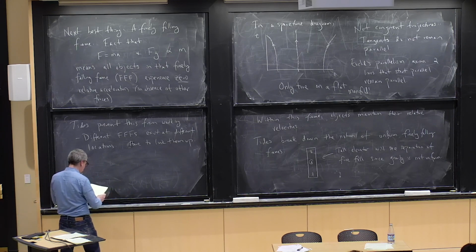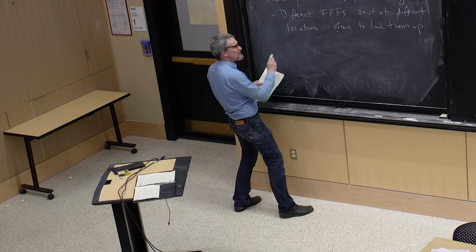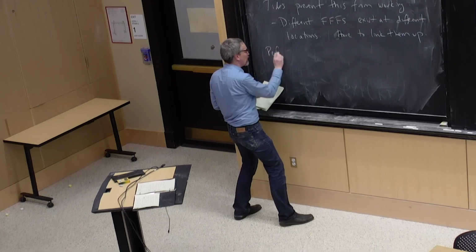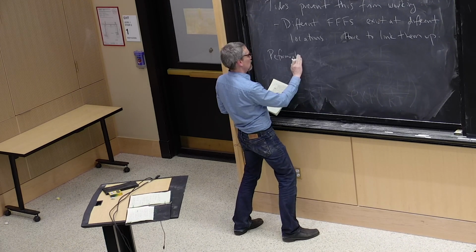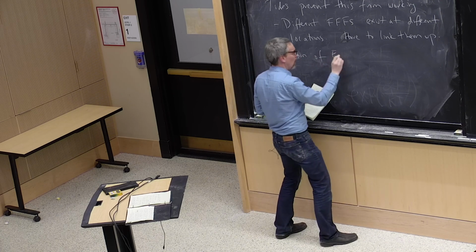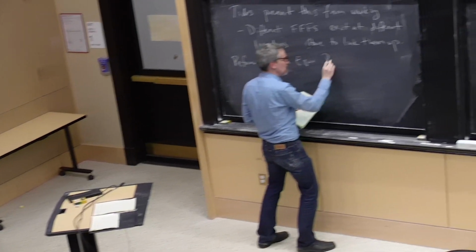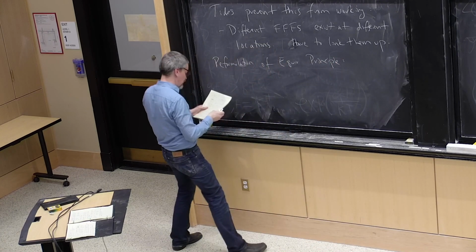So what we are going to do, what is going to guide our physics as we move forward, is essentially we're going to take advantage of a reformulation of the equivalence principle, which I'm going to word as follows.